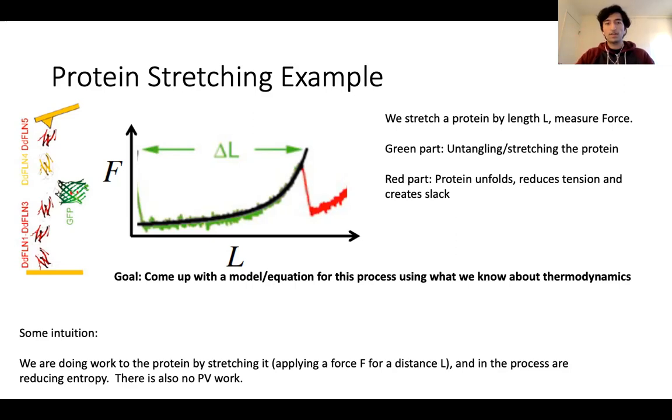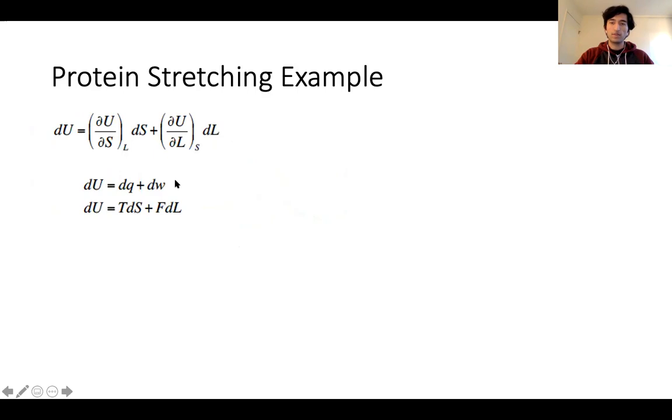If you want to think about the energy trade-off, we're doing work on the protein by stretching it out, because there is a resisting force as you stretch it. But in exchange, we're reducing the entropy of the protein, because as it goes from something really tangled up to something more straight, like a very tense segment of string, it's reducing in entropy. We can think about all these things in the form of an equation.